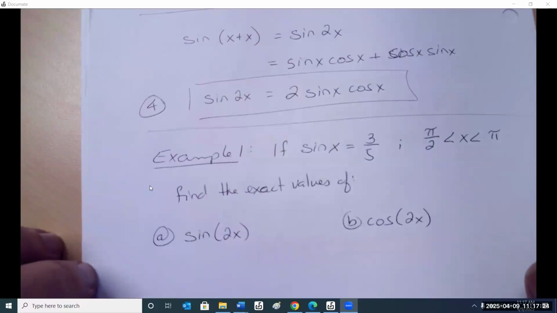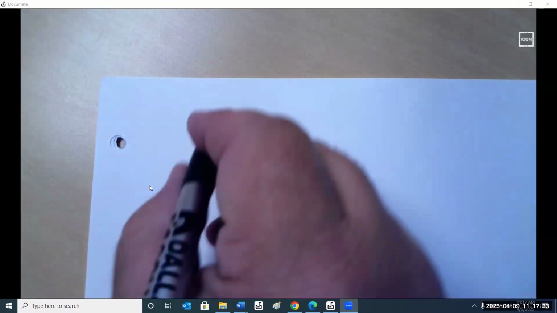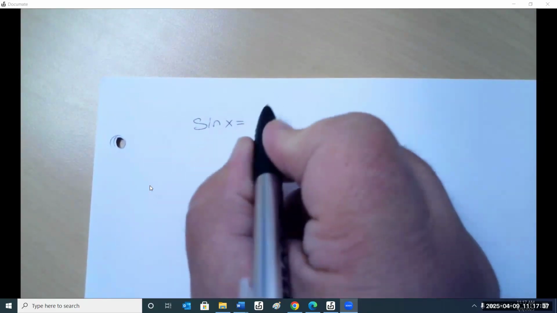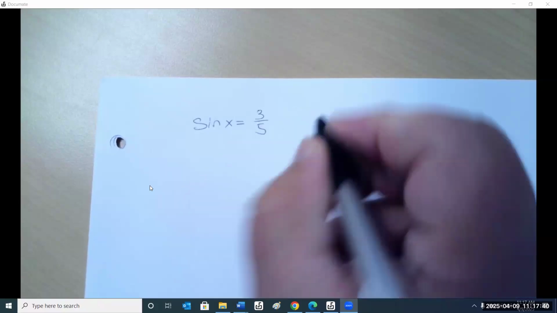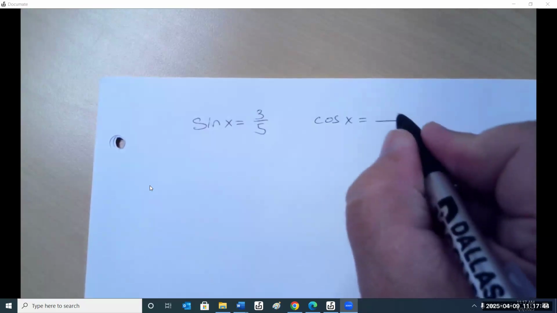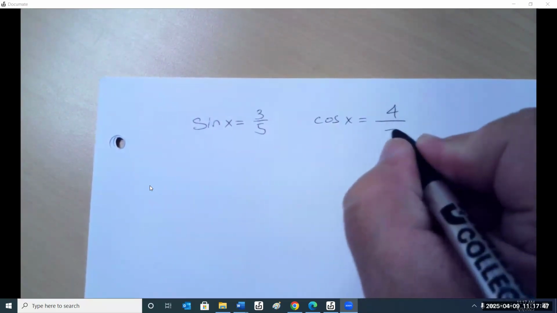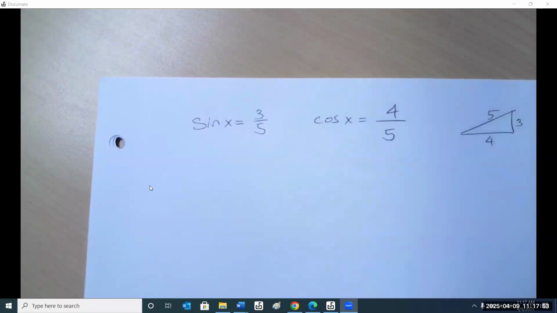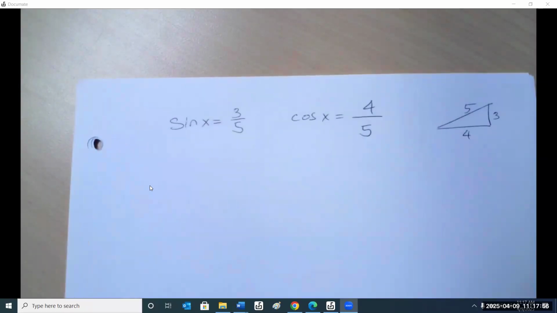So what do we have to do first? There's a triangle, sine. Let's find cosine, right? We know sine already. So sine of x is equal to 3/5. So cosine of x will be at least 4/5 because it's a 3, 4, 5 triangle.